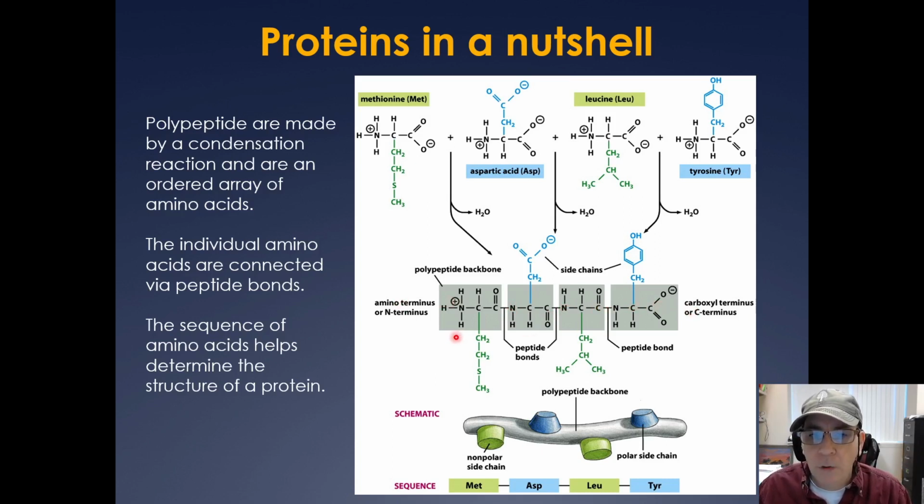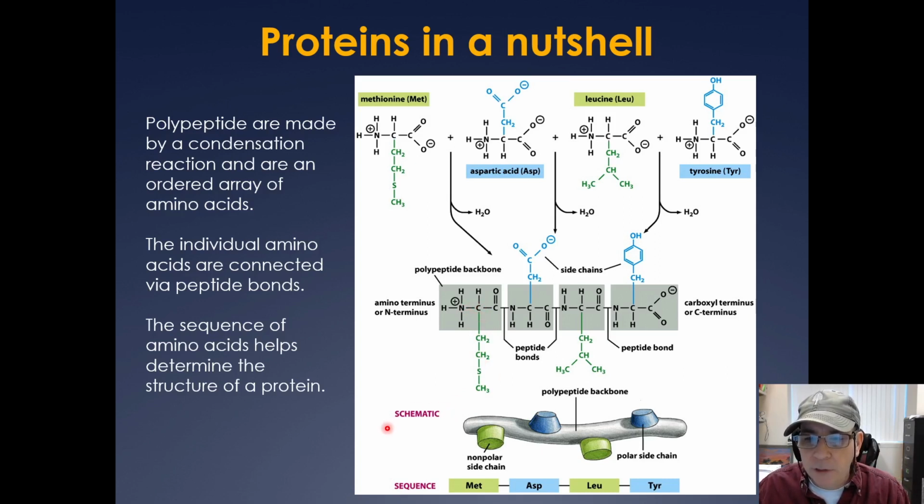Just like with DNA, proteins are directional. You have an amino terminal end and then a carboxy terminal end. The side chains come off this central carbon, which is called the C alpha carbon.